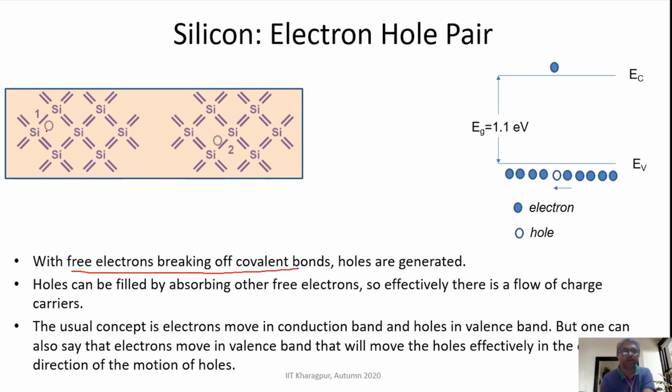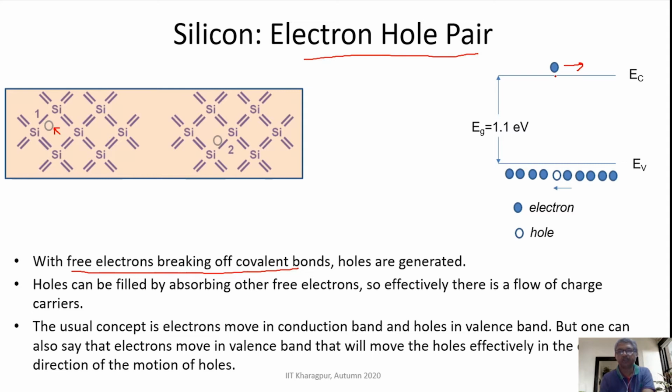For example, I have shown here a breaking of a covalent bond, and this electron will reach from the valence band to the conduction band, and is free to move, and it will create a vacancy in the valence band. So this will basically create an electron hole pair.